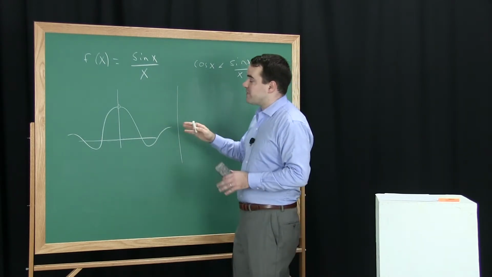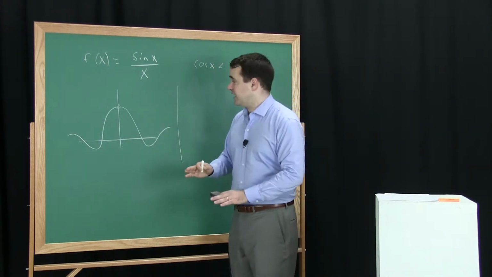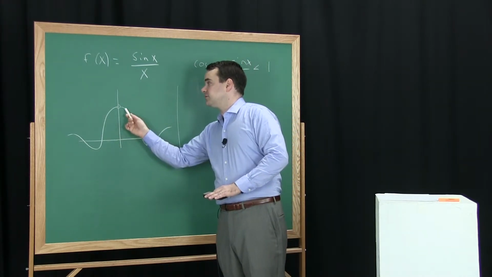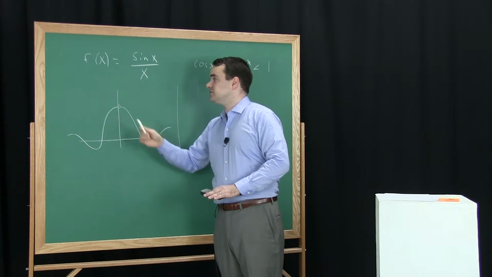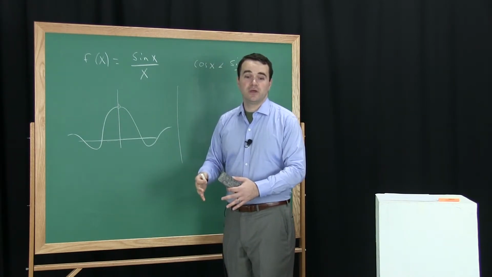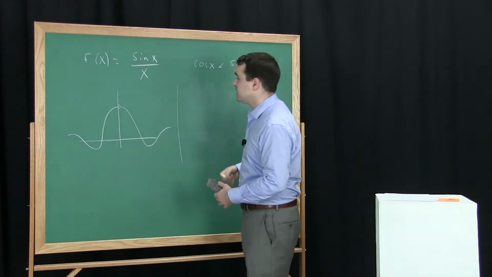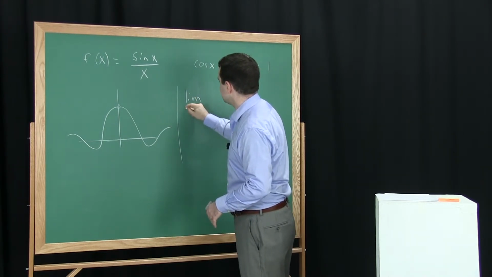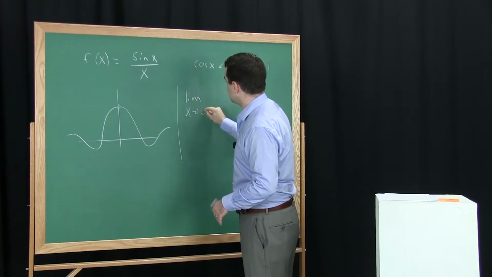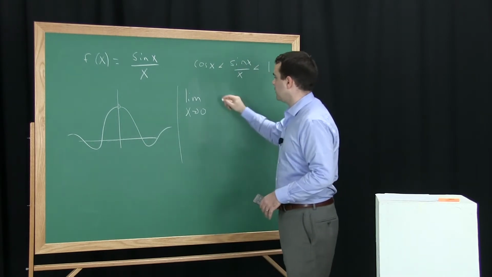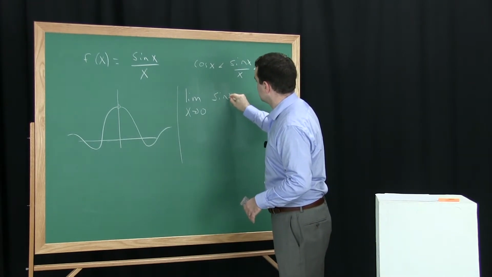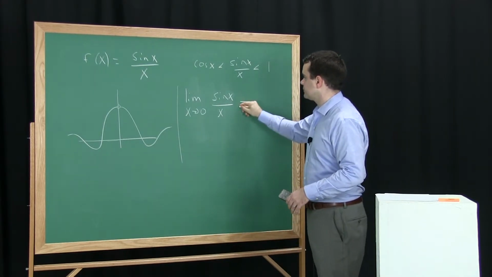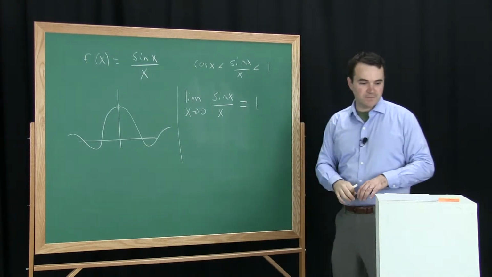And so the way mathematically we say that as x goes to 0, the y values tend towards 1, even though the function's not defined there, is something that we call a limit. We're going to write the limit as x goes to 0 of sine x over x is equal to 1.